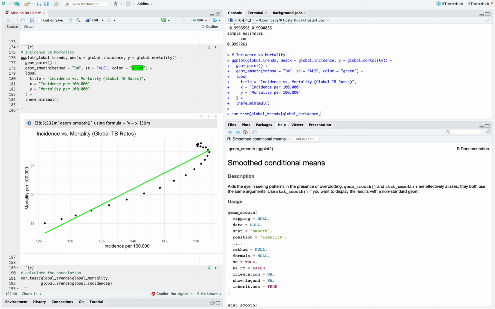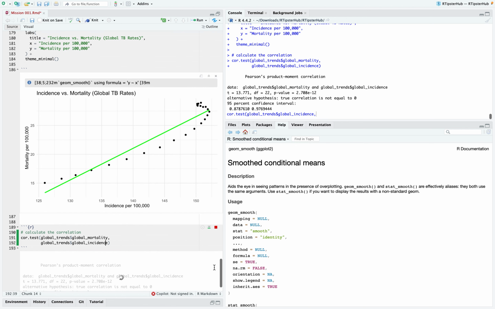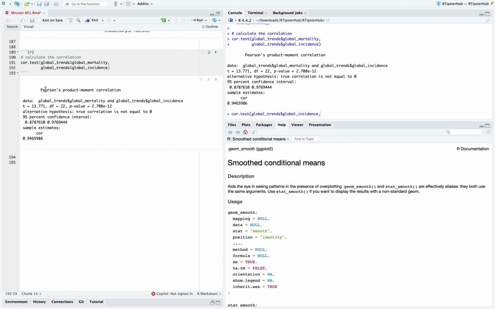Yes, it is. 0.94. Okay, so higher incidence, higher mortality, makes sense as well.